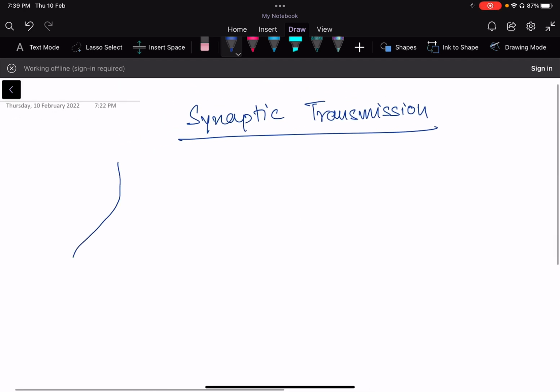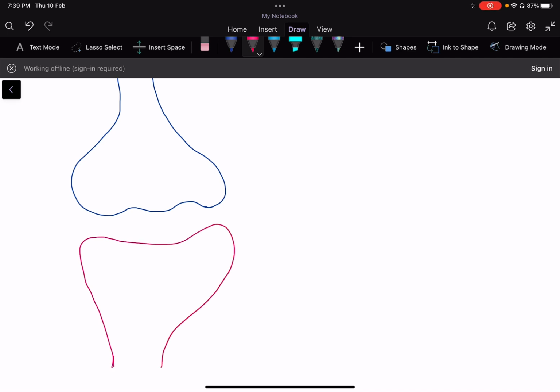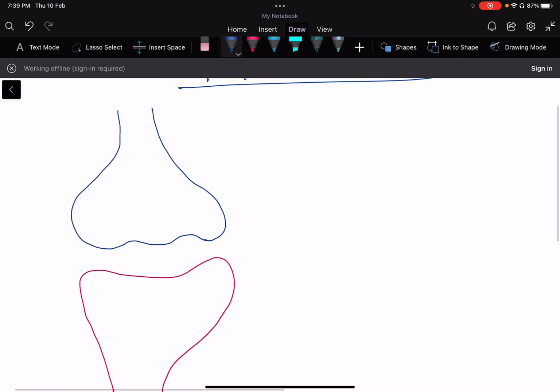Let's say this is the presynaptic neuron and this is the postsynaptic neuron.